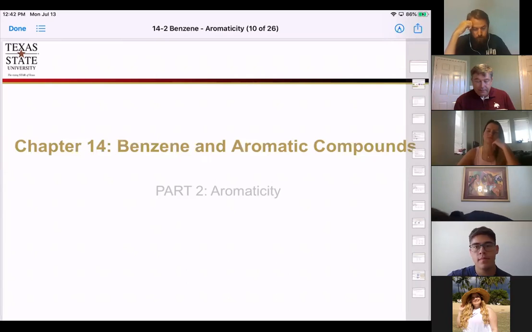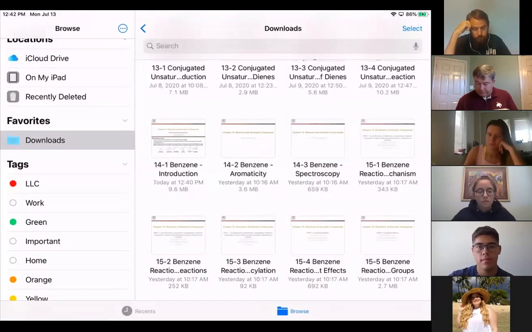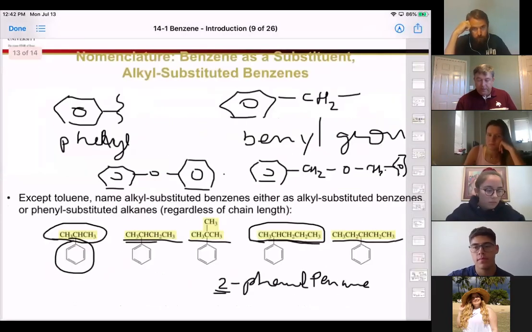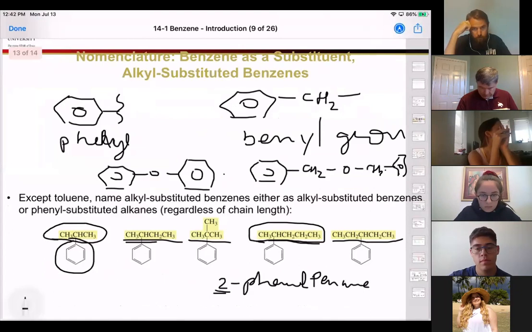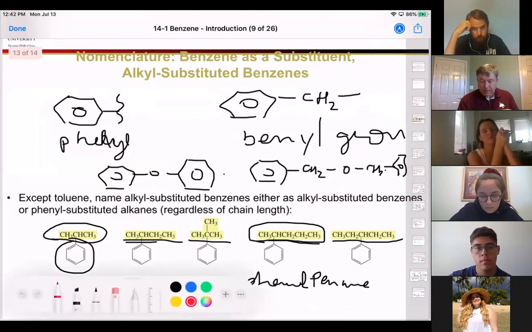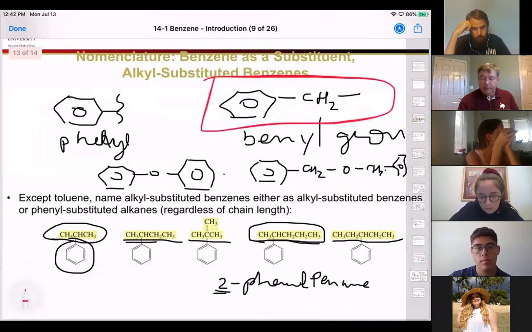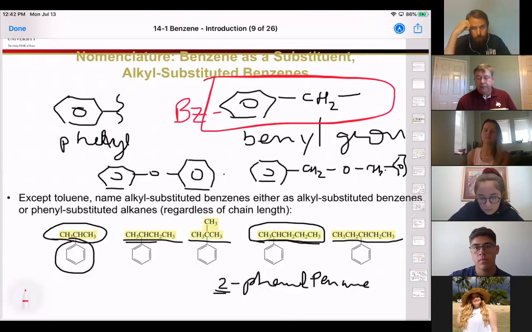So in the case of, for example, this right here, the benzyl group is listed here. So we can generalize it as a BZ something else, benzyl group. Okay, does that answer your question?